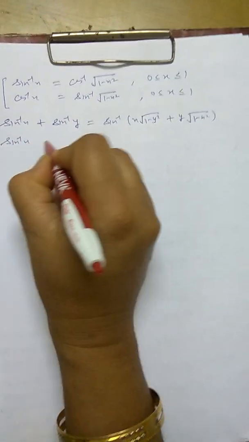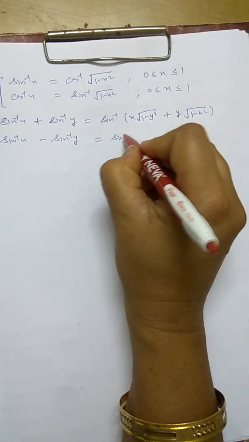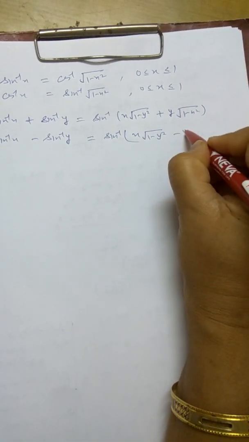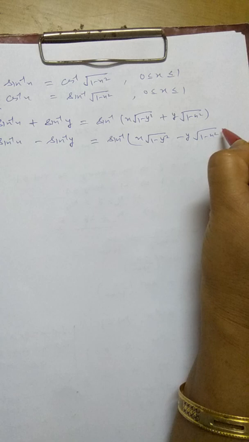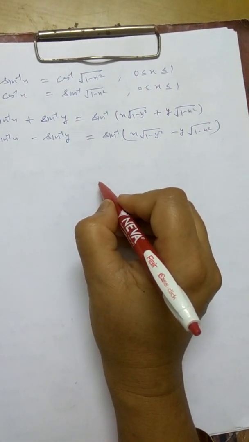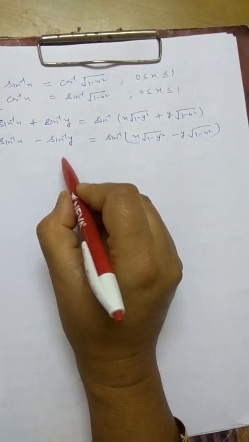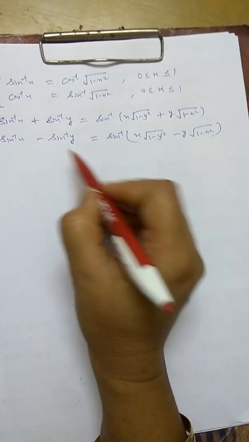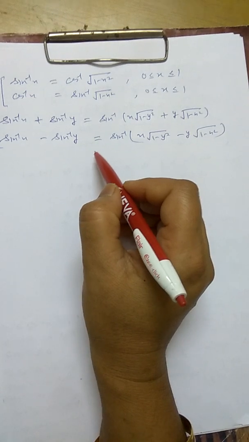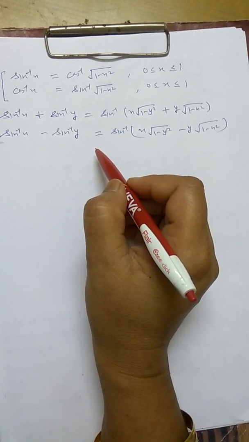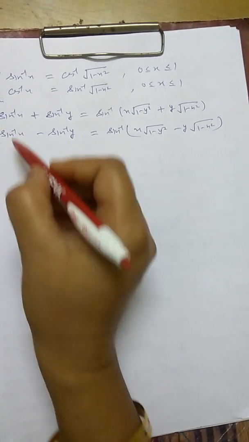Sine inverse x minus sine inverse y is equal to sine inverse of x root of 1 minus y square minus y root of 1 minus x square. These two we can prove by using the formula for sine a plus b and sine a minus b. And one we have to prove here.